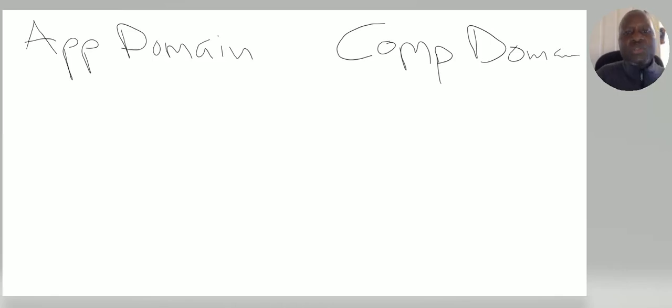So I will use this whiteboard to write. We have an application domain, right? I will write in abbreviation here. Then we have the computing domain, right? Actually, the way I've written here might confuse you, because I am starting with the application domain.